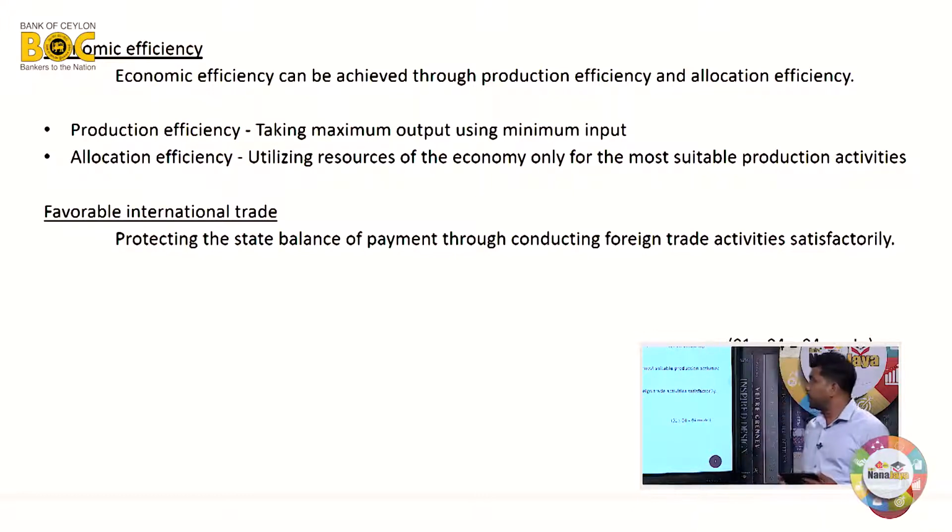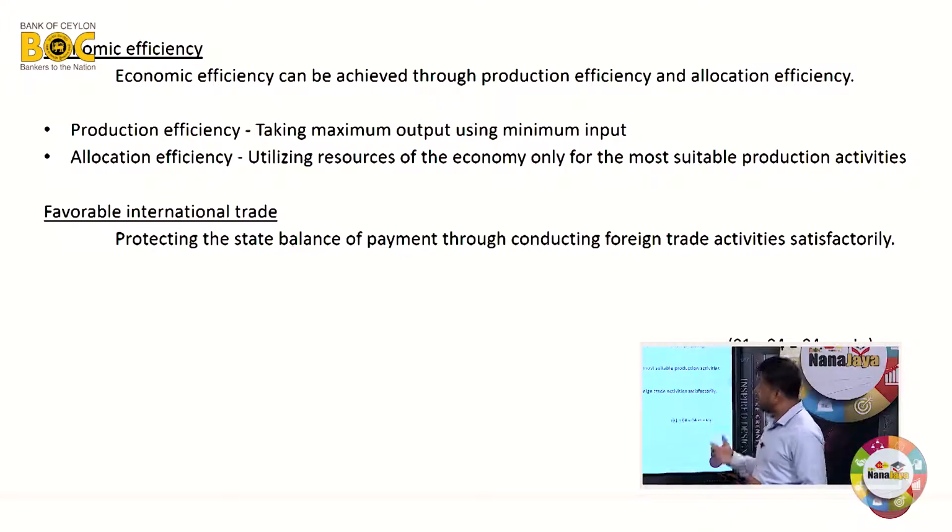Favorable international trade means carrying out foreign trade transactions without creating a balance of payment crisis. So you have to mention, name and explain 4 economic objectives to get 4 marks, 1 mark times 4 equals 4 marks.